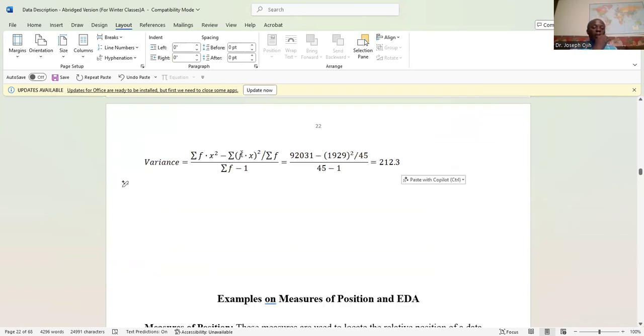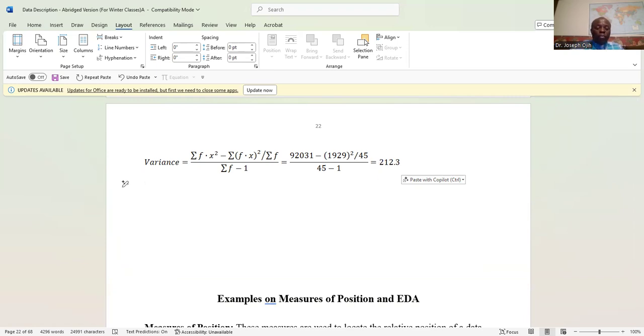That's it. Normally we don't use variance for interpretation; we mainly use standard deviation. But we need to calculate the variance so that we can calculate the standard deviation. The standard deviation is just the square root of the variance.